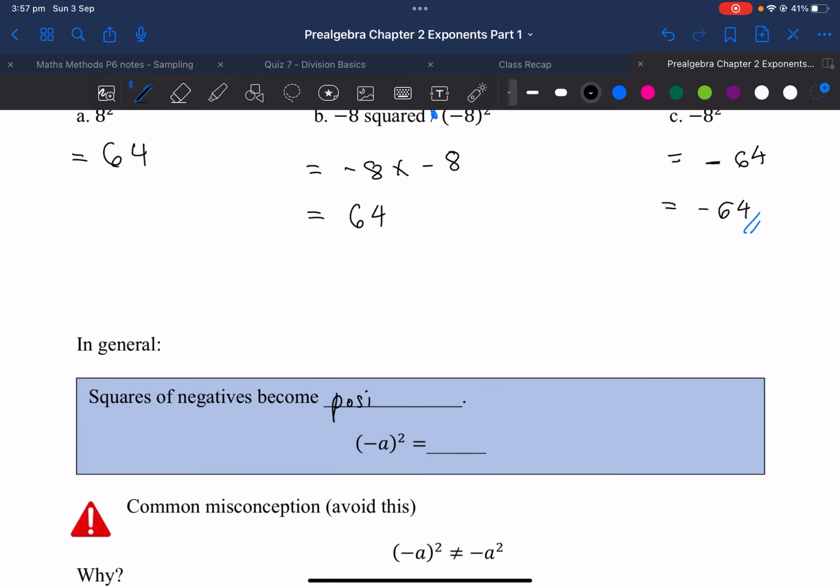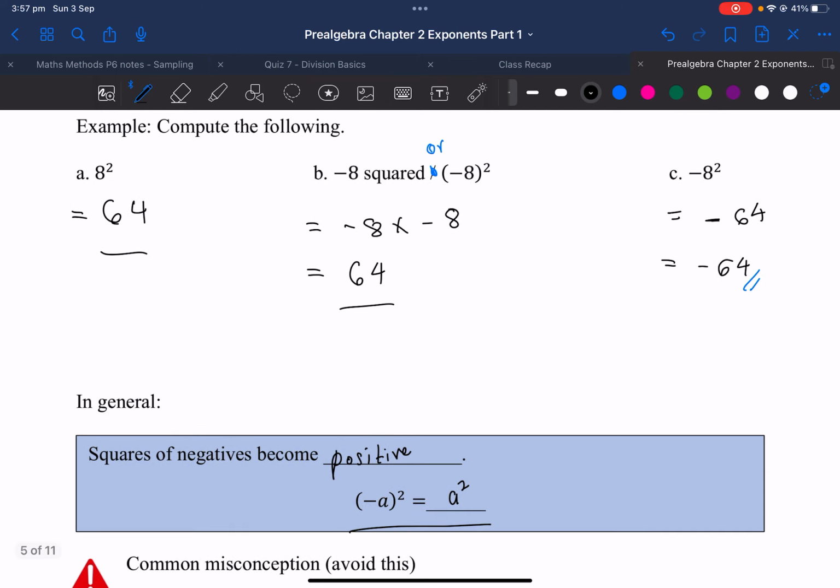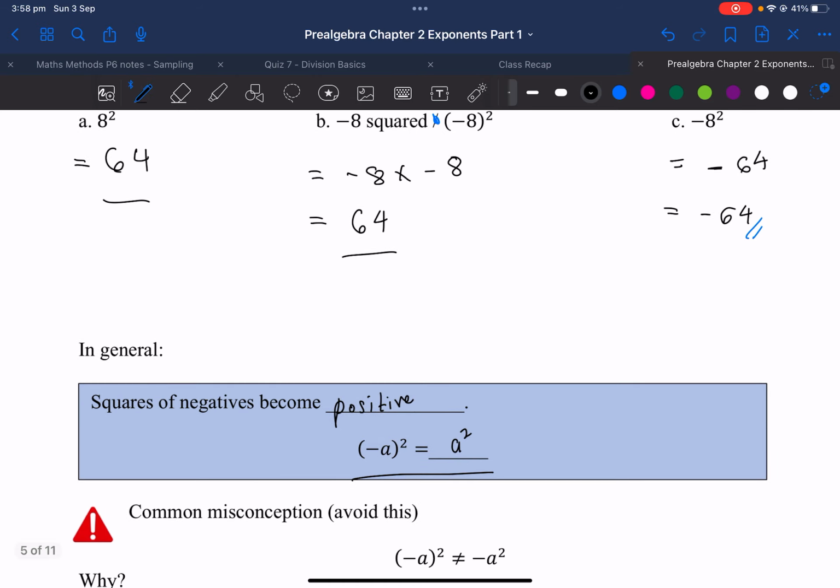This rule is very important: negative a being squared is the same as a squared. Because 8 squared and negative 8 squared are the same number.